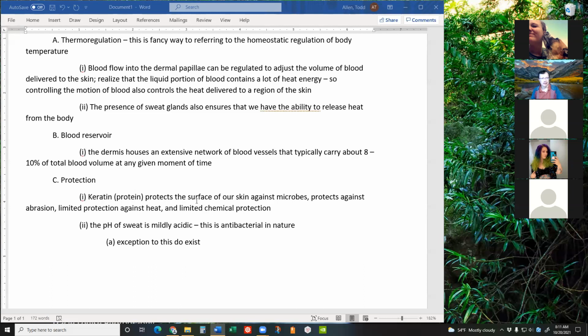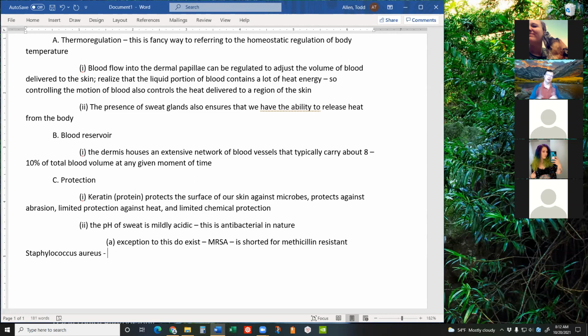Okay, so MRSA, let's get this in your notes. MRSA is short for methicillin-resistant Staphylococcus aureus.